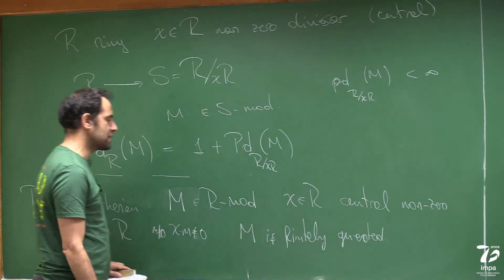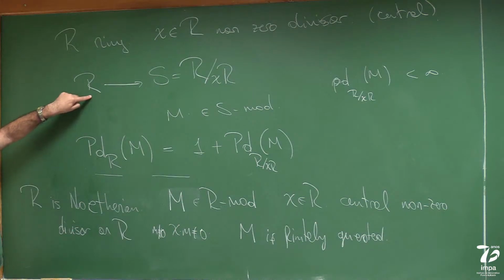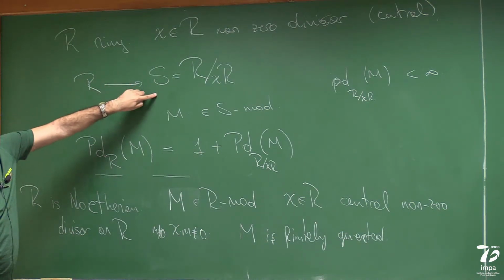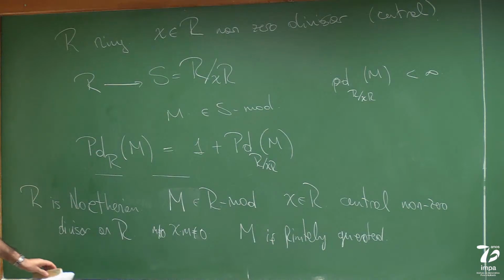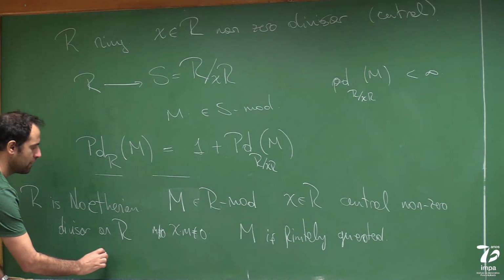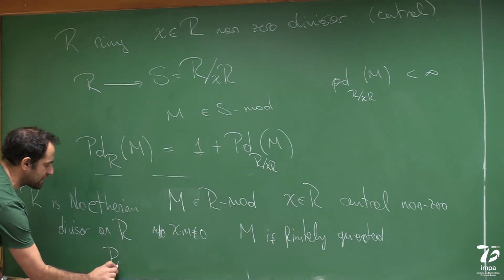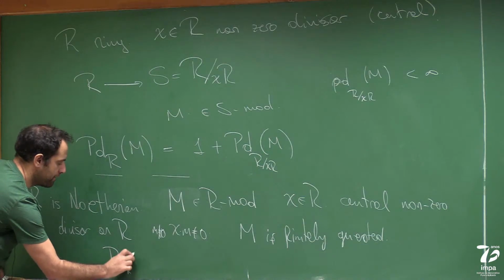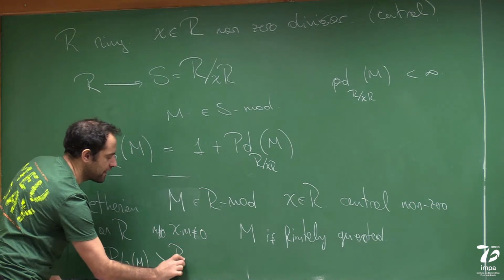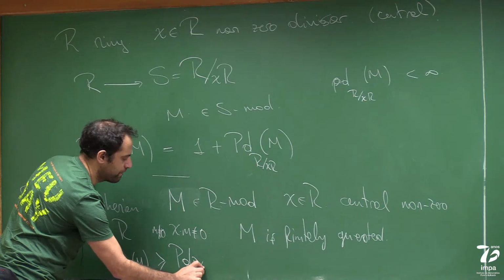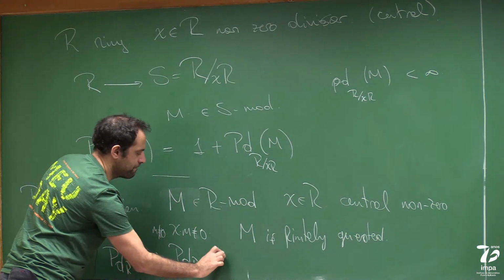Now this situation is slightly different. We are starting with a module over M, and we're pushing it forward to this S, although that's called a pullback. But the point is that the projective dimension over R of M is bigger or equal than the projective dimension over R mod XR of M mod XM.